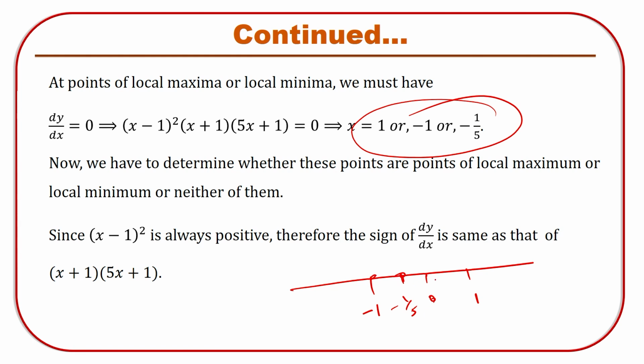So, these 3 points are the critical points, and we have to find the sign of y dash or dy by dx in the intervals: minus infinity to minus 1, then minus 1 to minus 1 by 5, and so on.